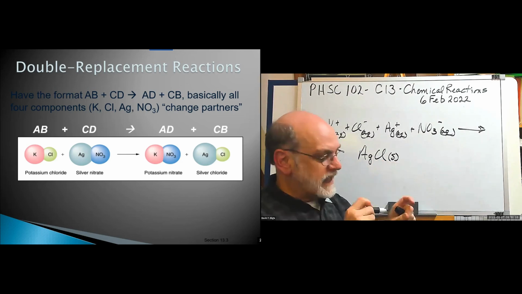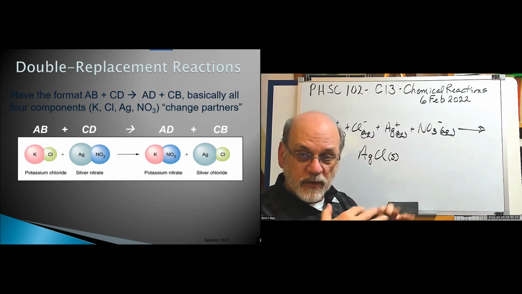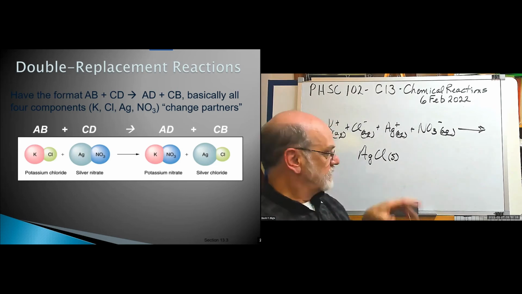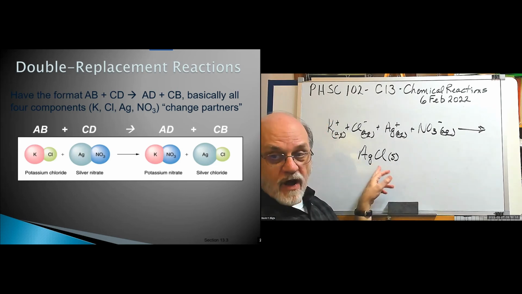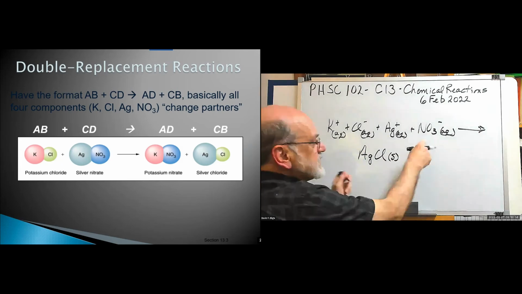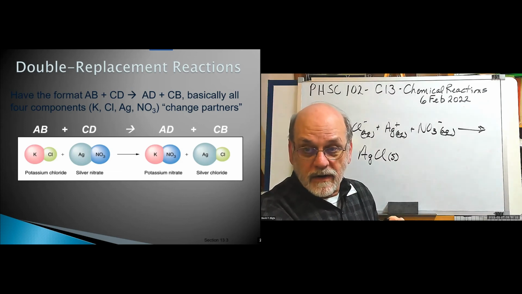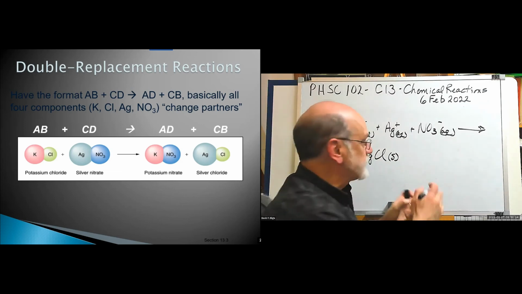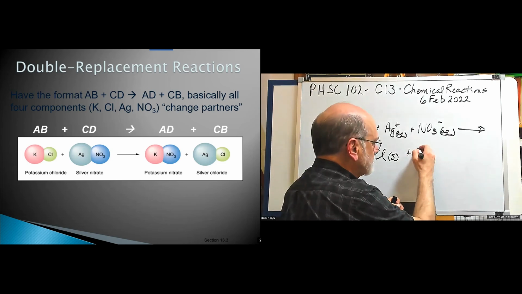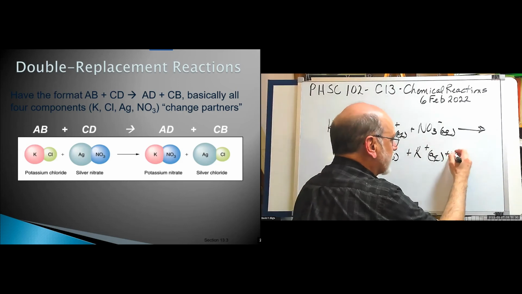So when you add these two together, they might be clear as independent solutions, but when you put them together, they get cloudy because this solid is dropping out of solution. It's called precipitation. But the potassium and the nitrate are independent still in solution. They actually do not react.